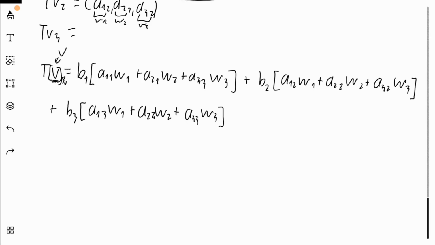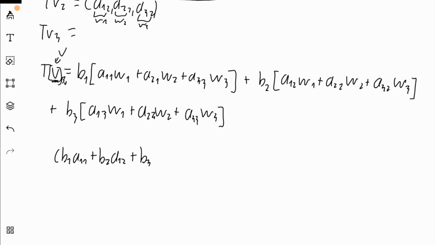We want to write this vector in our basis of W, because our vector space W has a basis that we have chosen for it. So we can factor out all the W's, and say that this equals (B1 A11 + B2 A12 + B3 A13) W1, so we're just factoring out the W's, plus (B1 A21 + B2 A22 + B3 A23) W2.